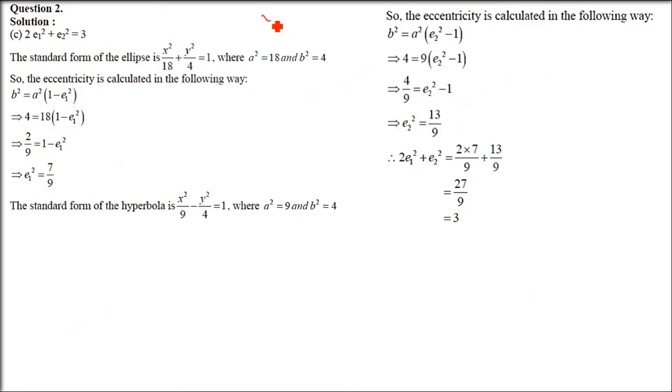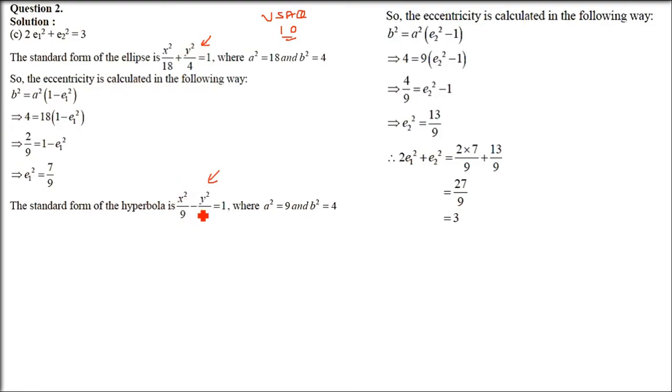The next one: if you go to VSAQ and see question number 10, we have already done exactly the same question, but I'll give you an idea here for those who haven't seen that video. These are two equations. The important thing is, one is an ellipse and the other is a hyperbola.